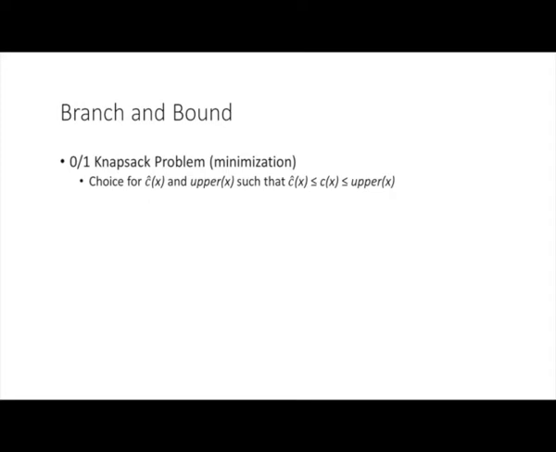So how do we choose the approximate cost function and the upper bound, such that the approximate cost function is less than or equal to the actual cost of that particular node x, which is less than or equal to the upper bound of that node x? So how do we do that? Let's take this scenario where we are building our solution tree and we are at a level j.